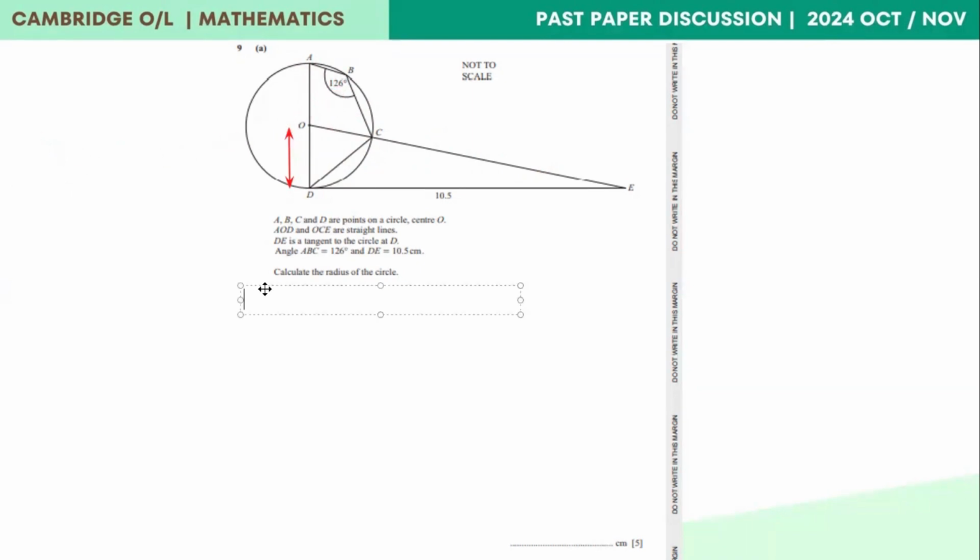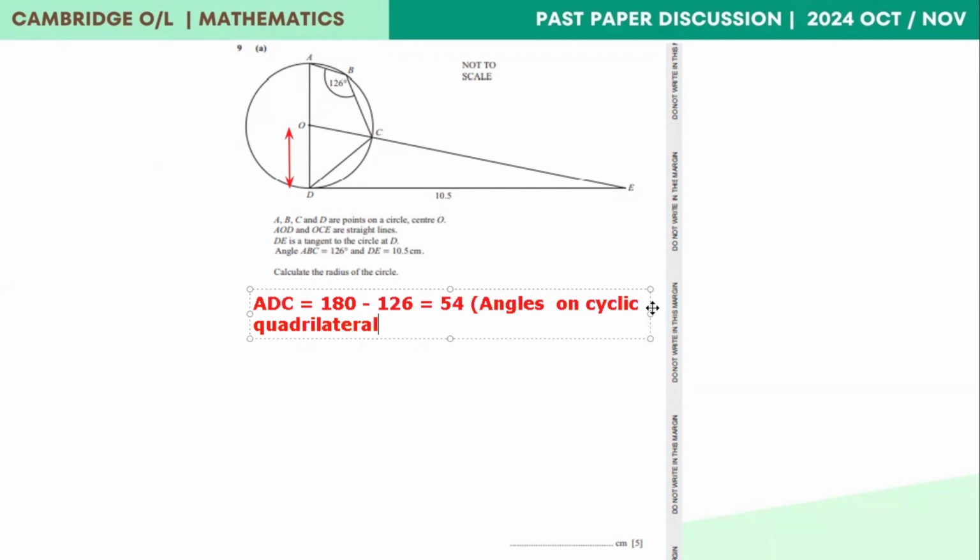If I write that and show, angle ADC is equal to 180 minus 126, so that's going to be equal to 54. The reason we can write is angles in a cyclic quadrilateral.